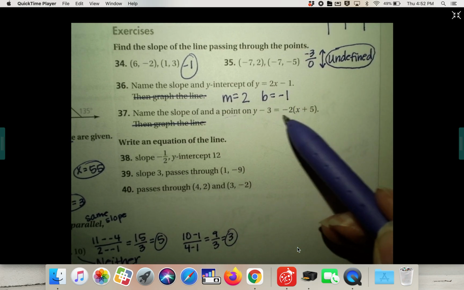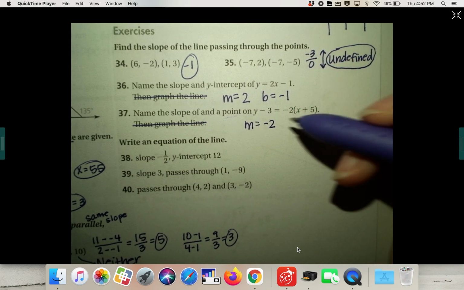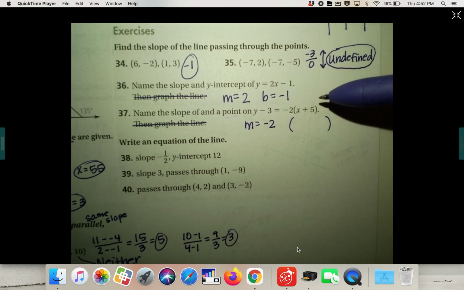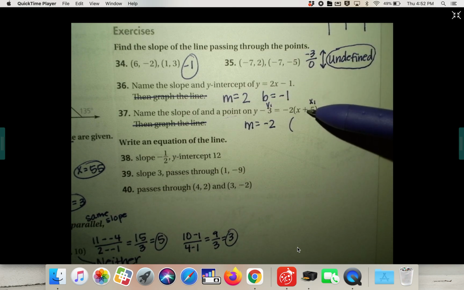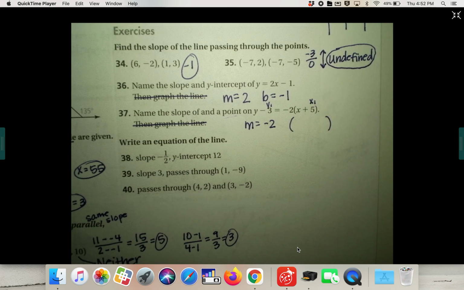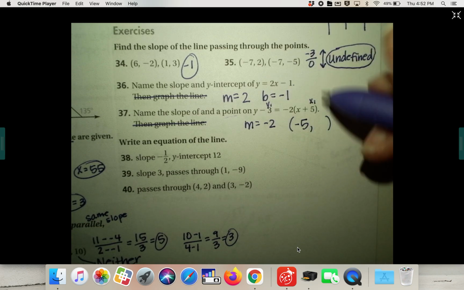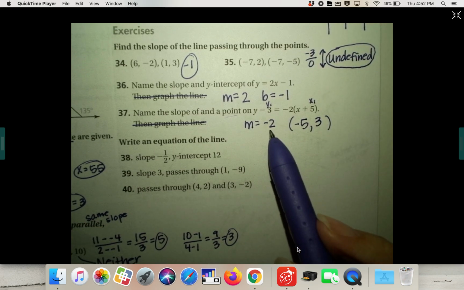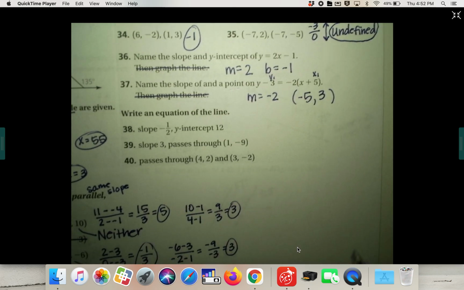So the slope here is negative 2, and a point on the line, this was my x1, this was my y1, but the formula is subtracting, and if it's adding, then that means it must have been negative to begin with. So negative 5 and 3. So a point on the line is negative 5, 3, and the slope is negative 2.